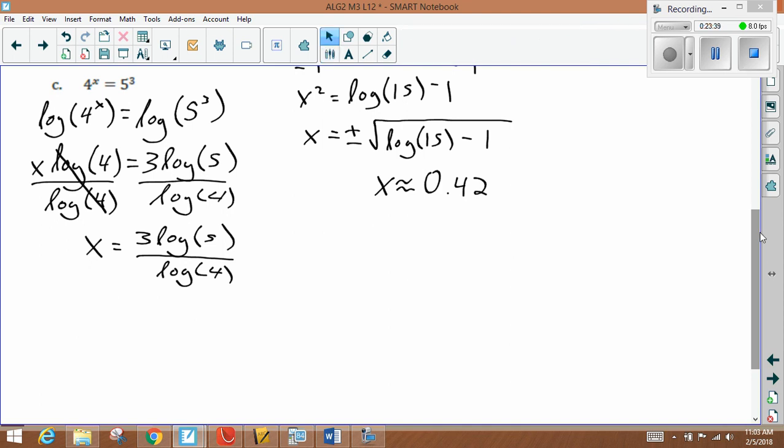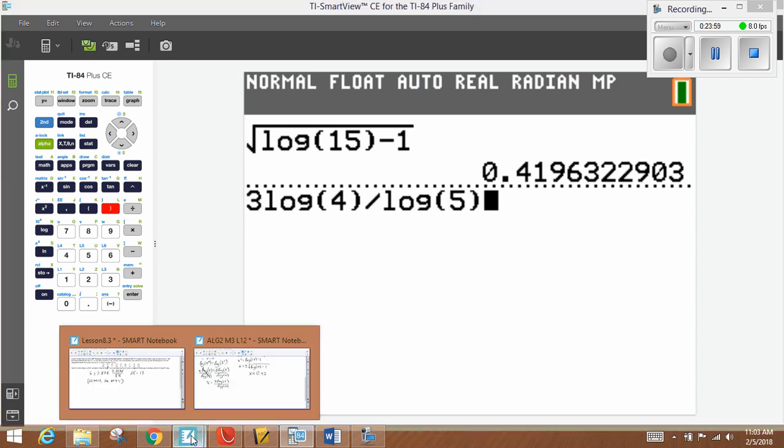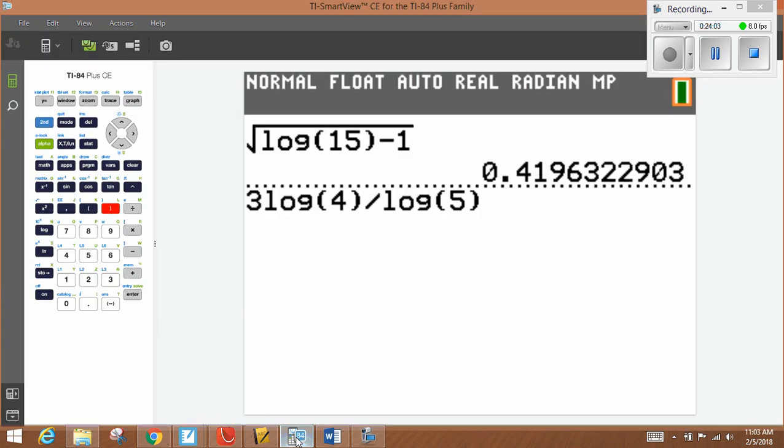And we can put that in our handy-dandy calculator. Did I not put in the right numbers? Yes, 3 log 5. Did I write that? Oh, thank you. I got the 5 and the 4 wrong.